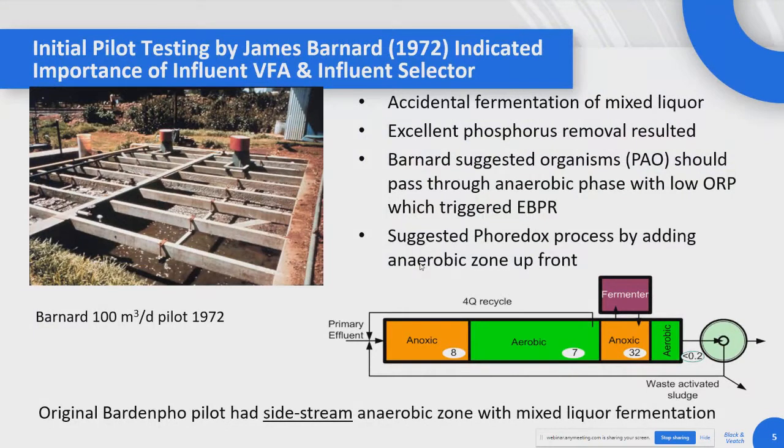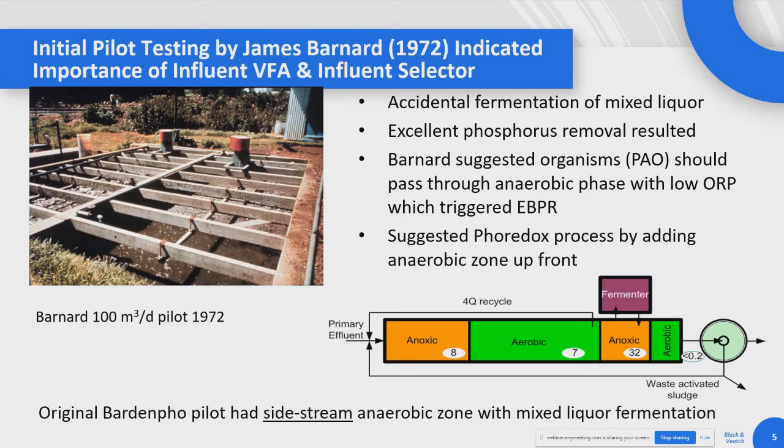The first observation of biological phosphorus removal in the denitrification was in this pilot plant in Pretoria in 1972. Because I tried to fit in 4 stages into this existing basin, I had what I thought was a dead space, but there was a partition between that and the second anoxic zone.